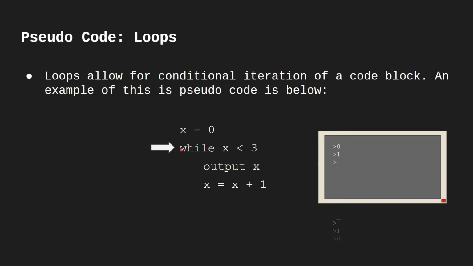So we come back up, we say while 2 is less than 3, we go ahead and output 2, and now we do our reassignment again. We say x is equal to 2 plus 1, which is 3. So now x will contain the value 3, and when we come up to reevaluate, this will terminate immediately after this condition because 3 is not less than 3.